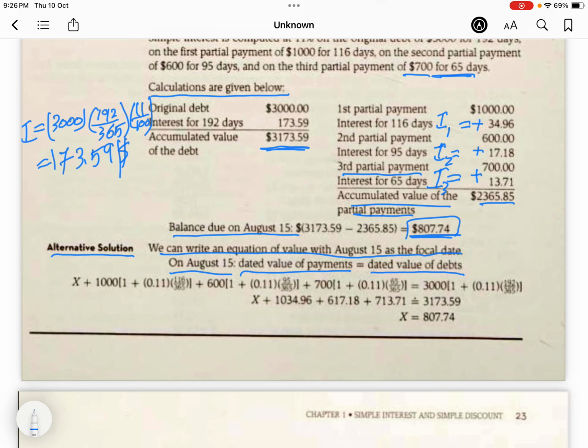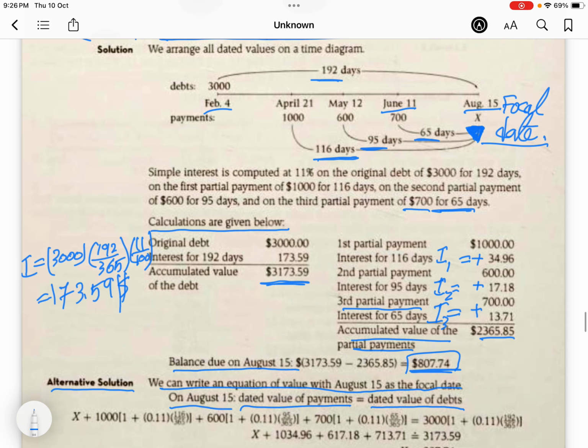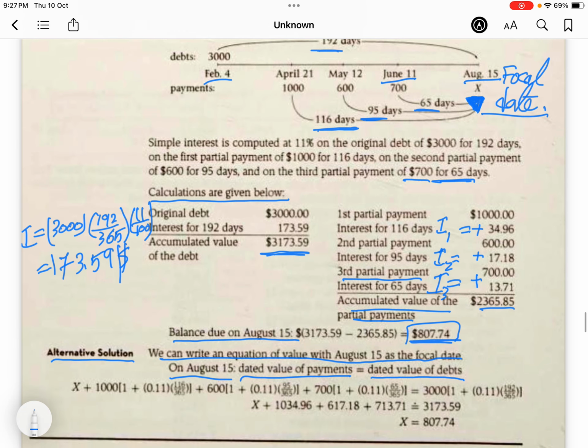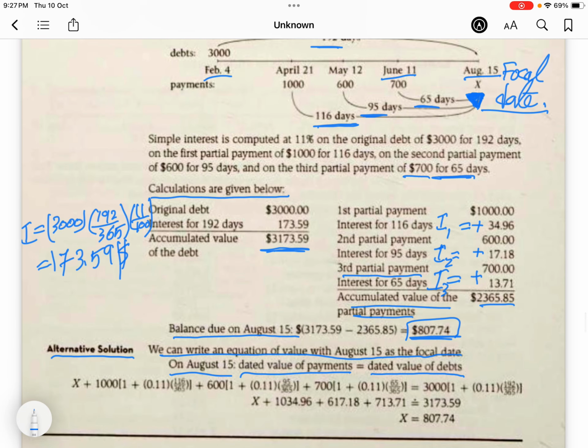Here for the payments, since the focal date will be August 15 and you have four different payments, then at the focal date it will be payment X plus 1,000 multiplied by, open a bracket, 1 plus 0.11 multiplied by 116 over 365, since it is moving to the right, you will have multiplication.